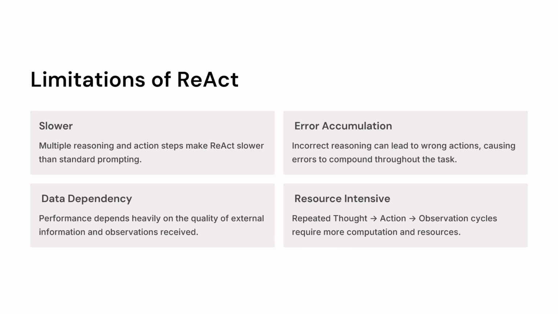And thirdly, data dependency. So the researchers suggested that the quality of our response depends a lot on the quality of external information we could extract. So the better it is, the better our response will be. And finally, the repeated thought-action-observation cycle requires more computational resources.